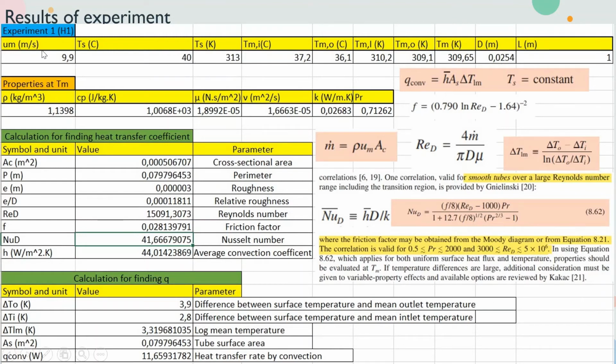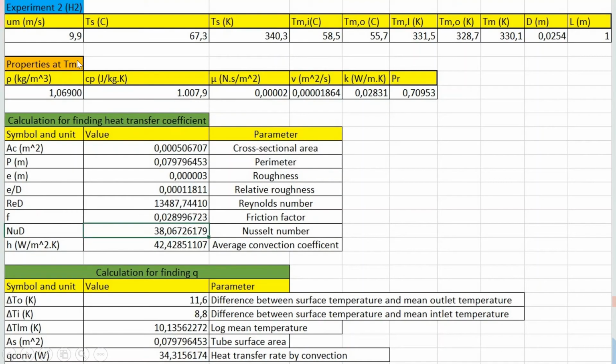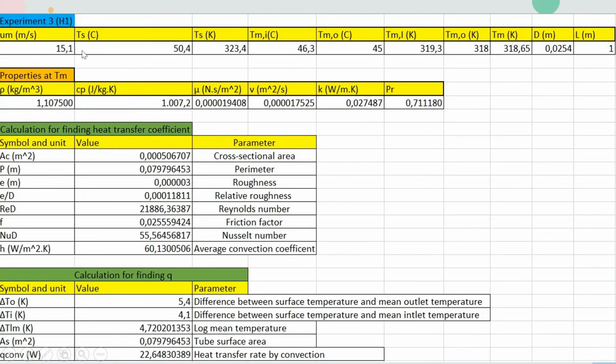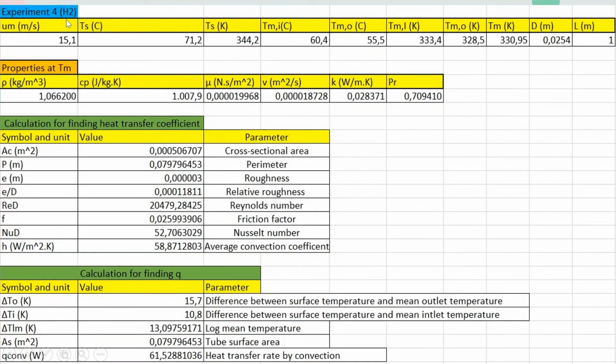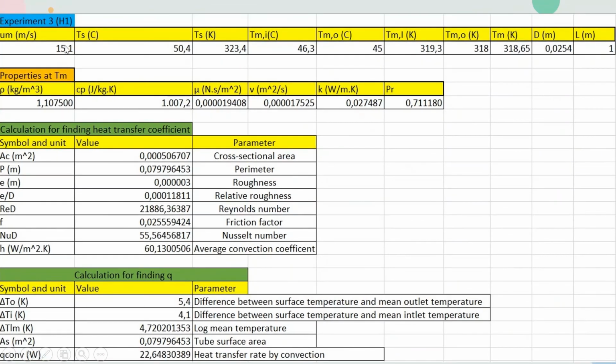So here, the first experiment, the first setting, is 9.9 meters per second, and H1 means the heat setting is with the same velocity but with different heat setting, H2, and so forth, 15.1 and H2, H1.